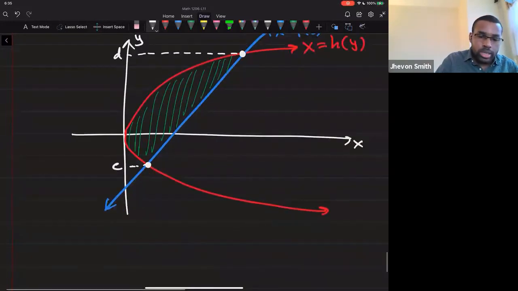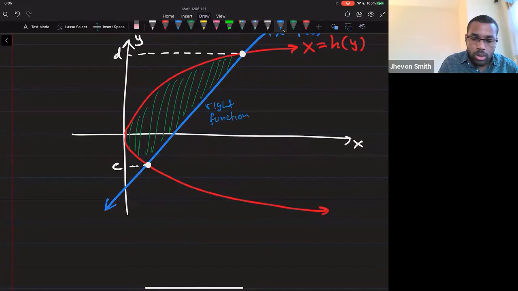And now what you'll notice is that this guy is the right function, or it's the guy with the larger x values. And this guy here is the left function. And he has smaller x values.